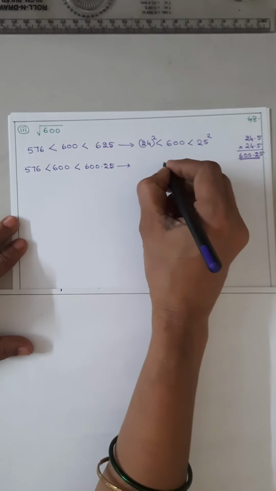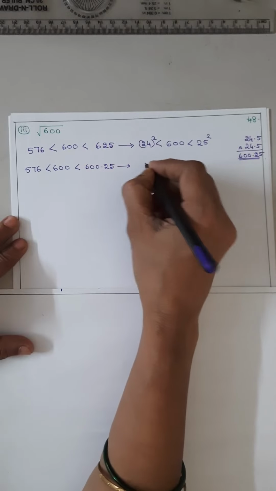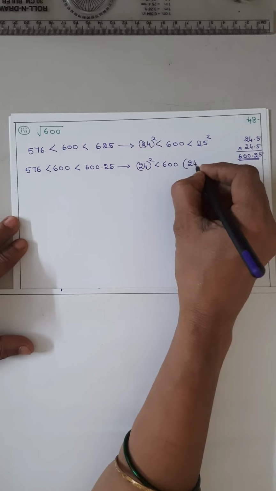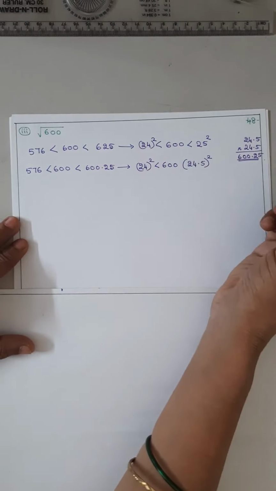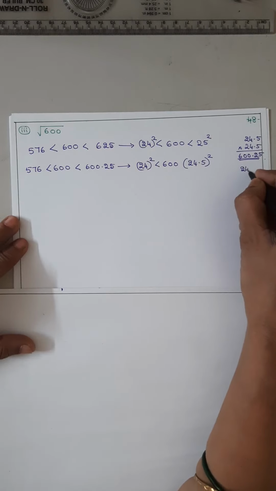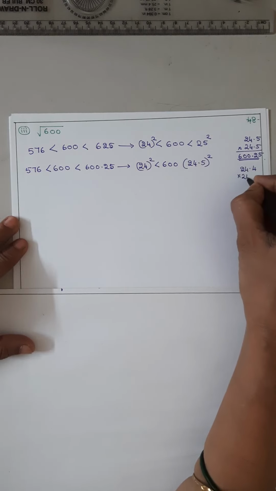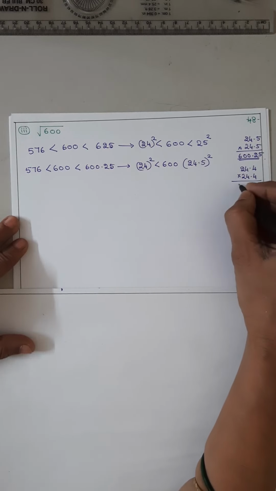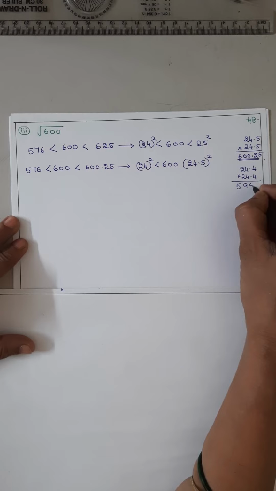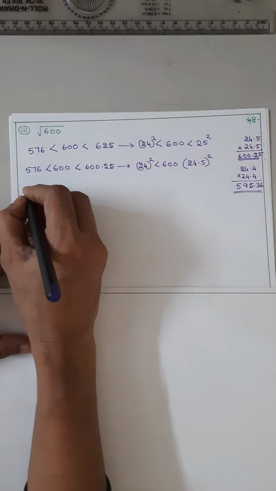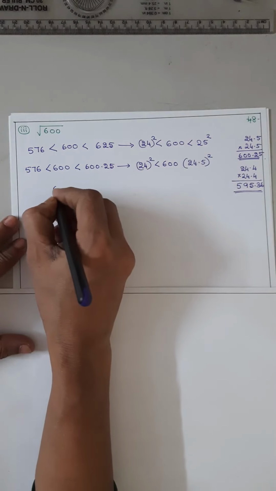That means 600 is between 24 square and 24.5 square. तो 600.25 थोड़ा बड़ा है तो 24.4 चेक करो, you will get 595.36. So here it will come to the left, isn't it?